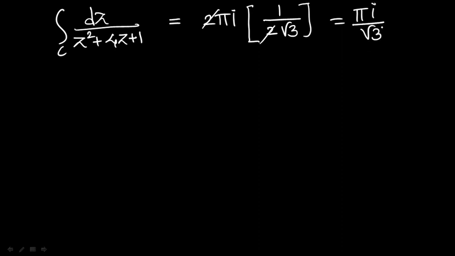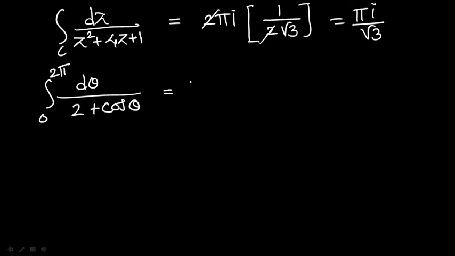But here integration over 0 to 2 pi d theta upon 2 plus cos theta equals 2 upon i into integration over C dz upon z square plus 4z plus 1.